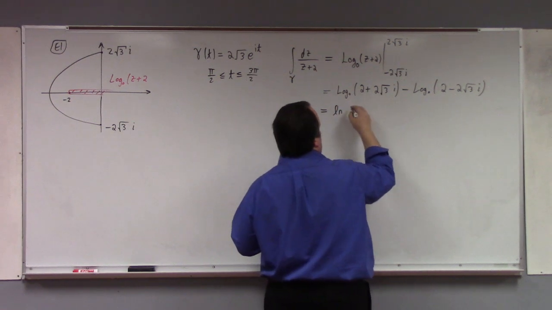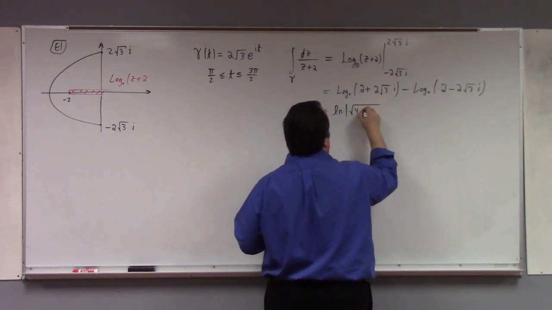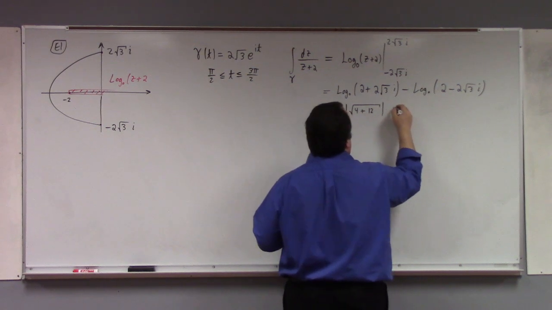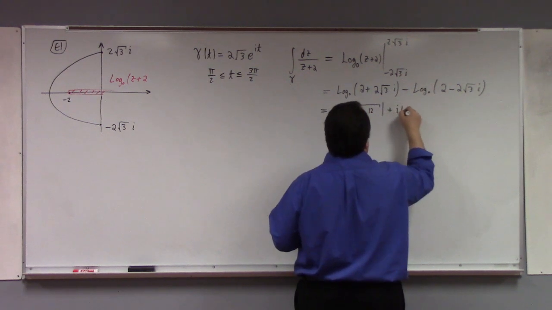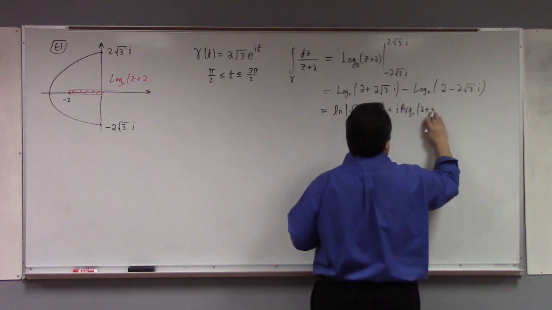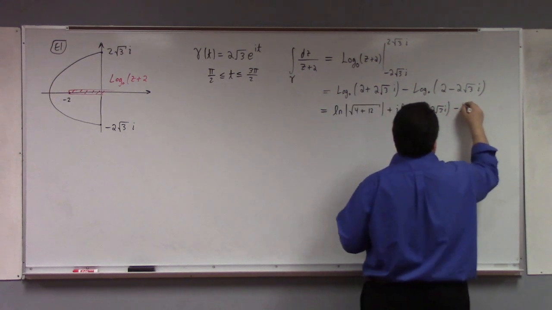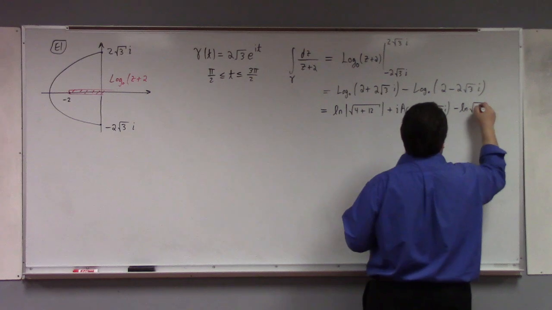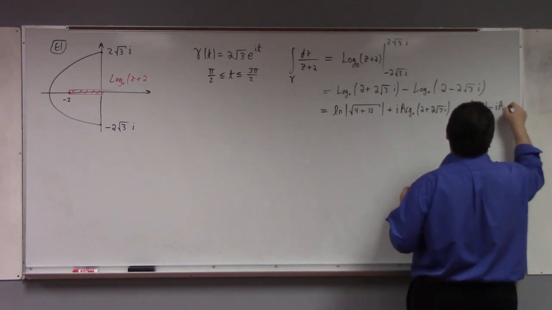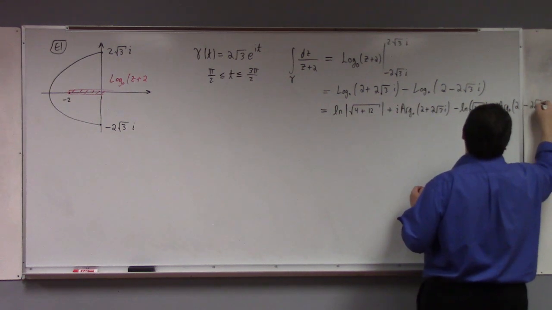You've got natural log of the modulus, square root of 4 plus 12, and then plus i arg sub 0 of 2 plus 2 root 3 i, minus the natural log of the square root of 16 again, minus i arg sub 0 of 2 minus 2 root 3 i.